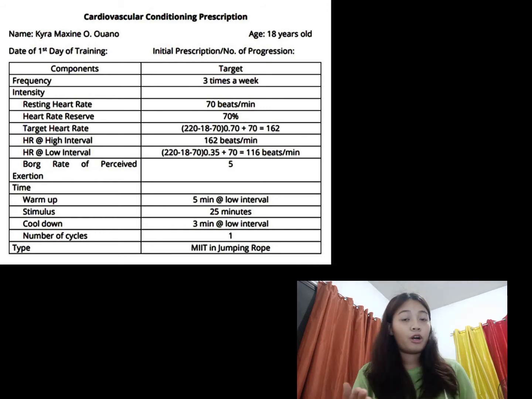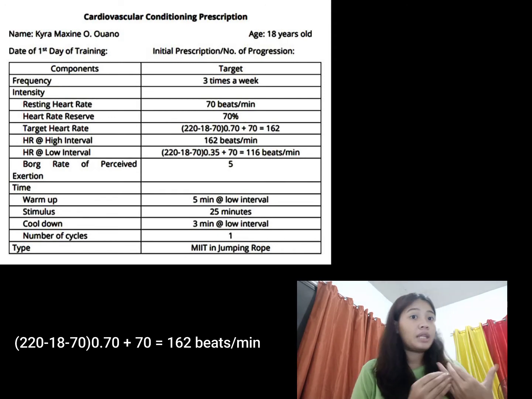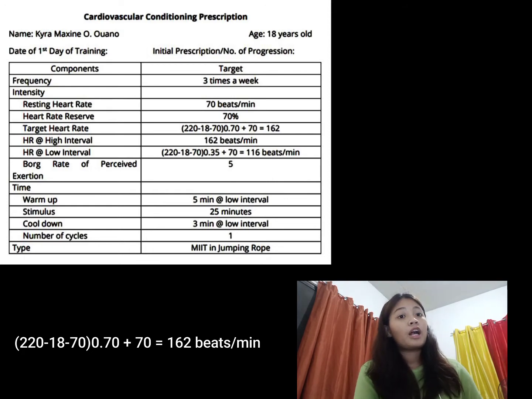we need to follow a formula. The formula goes like this: 220, which is the constant number, minus my age 18, minus my resting heart rate, which is 70 beats per minute, times 0.70 from my heart rate reserve in decimal form, plus 70 from my resting heart rate.